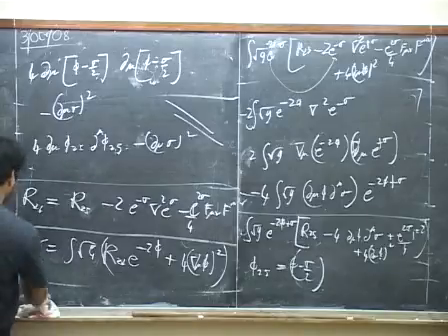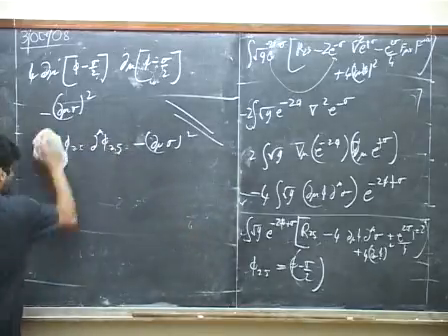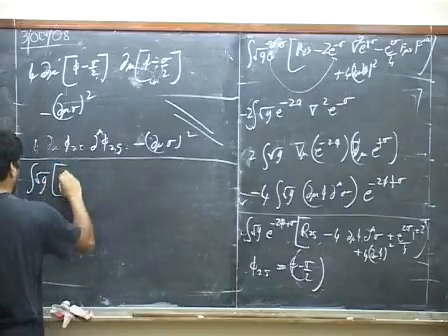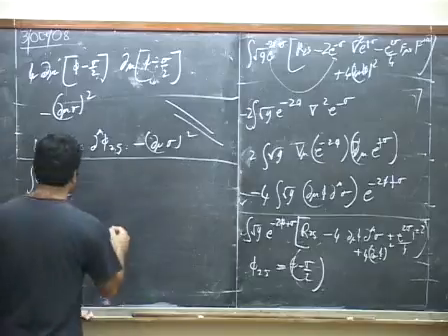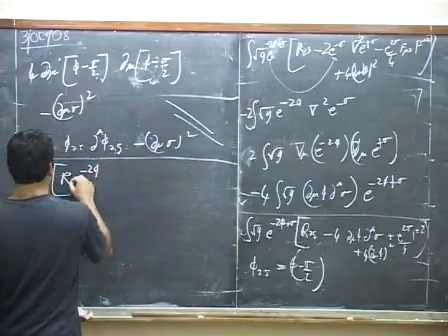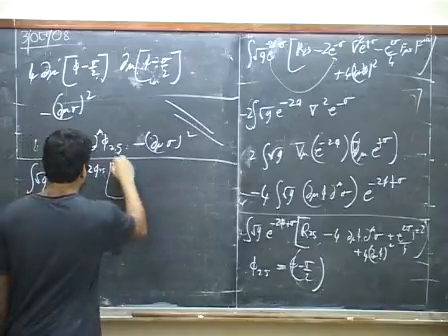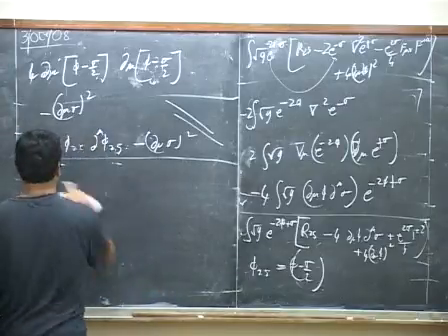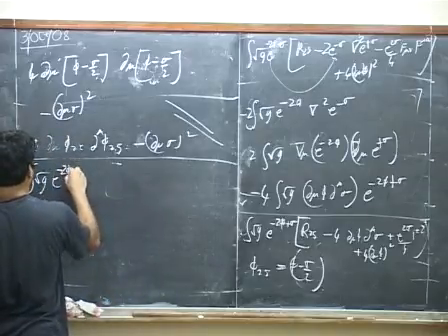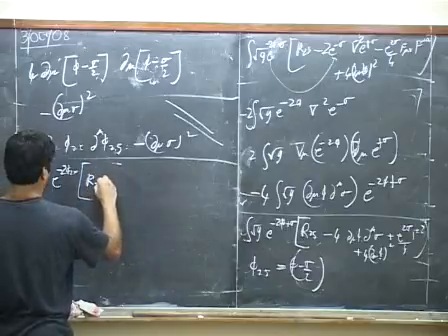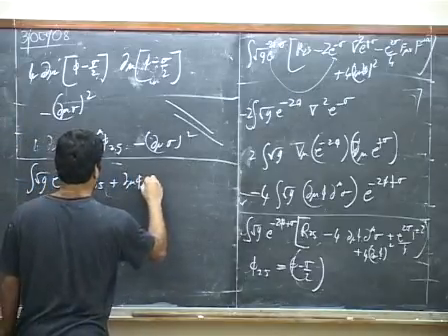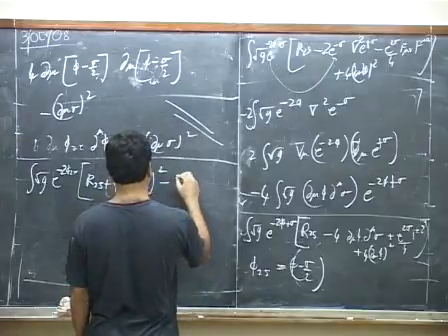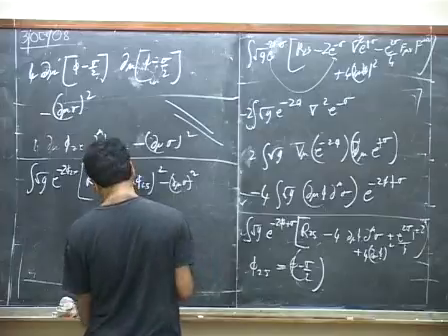So what's the net effect? What's the final answer? The final answer is that we've got integral square root g times R, now everything is lower dimension, times e to the power minus 2 phi 25, times R 25 plus d mu phi 25 the whole thing squared with a 4, minus d mu sigma the whole thing squared.